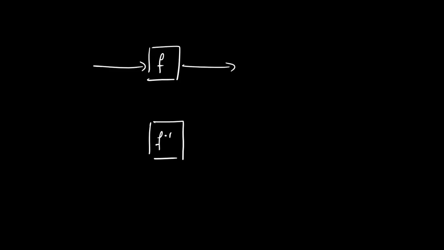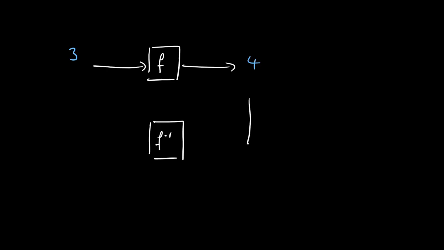What is an inverse function? Its job is to undo the action of the original function. Now, what do I mean by that? Imagine that we had an input into the function, and that input is the number 3. And that gives us an output, and the output is, let's say, 4. So what's the job of the inverse function?